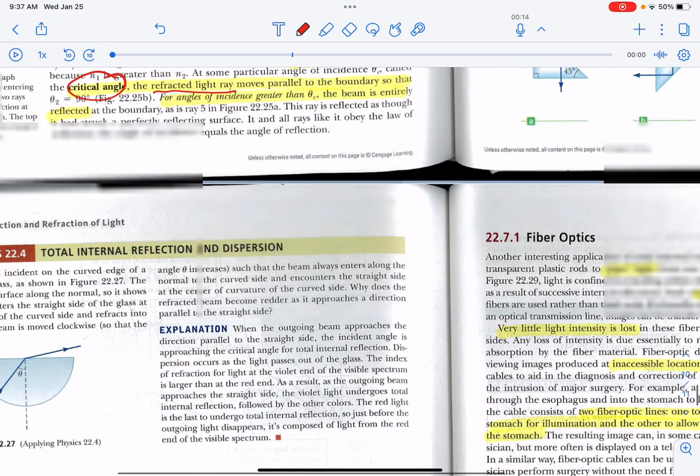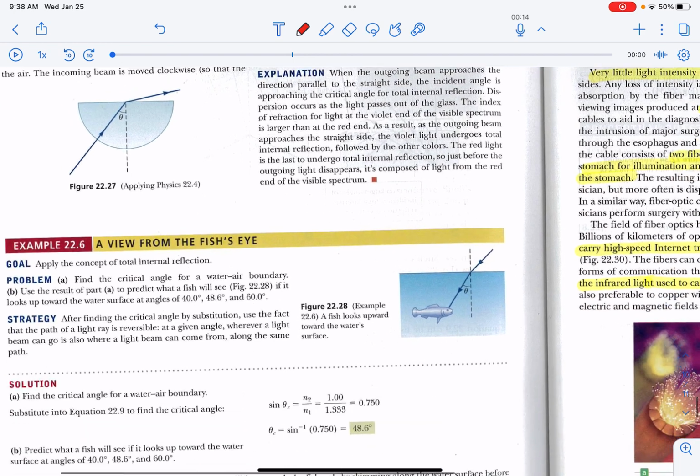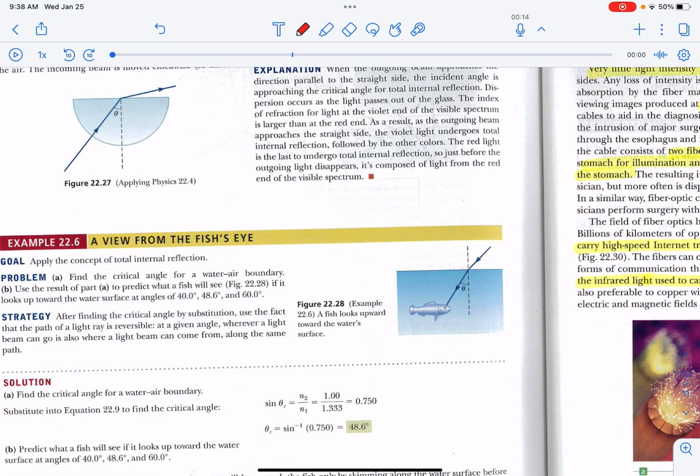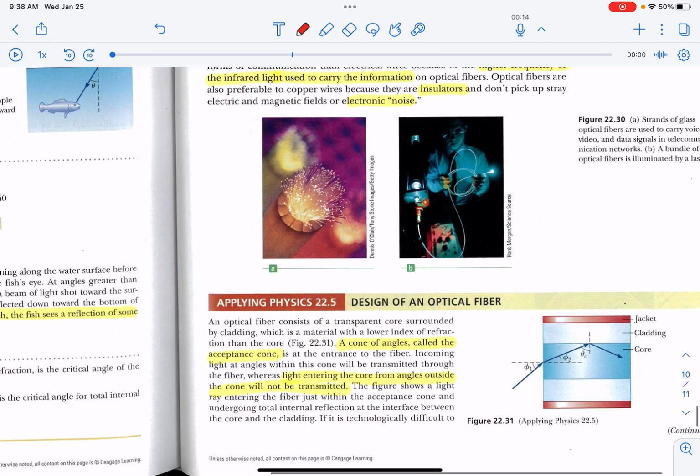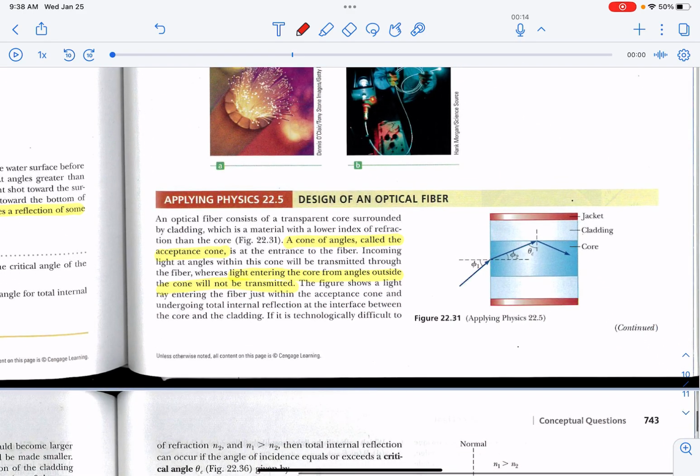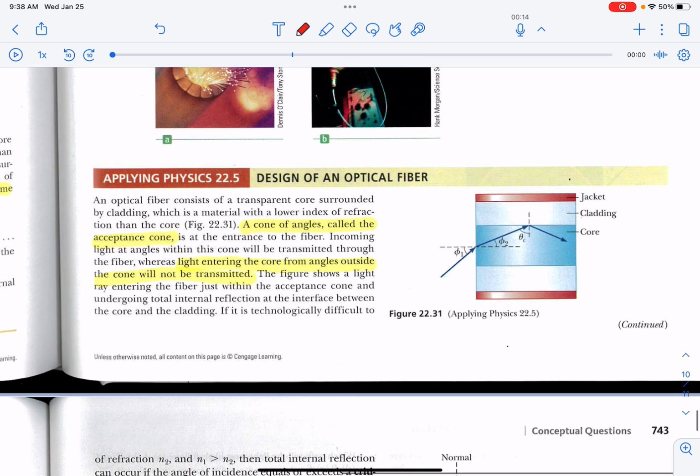So, if we come down here to this fiber optic cable, it talks about an acceptance cone. So the acceptance cone, I'm having trouble making straight lines here.